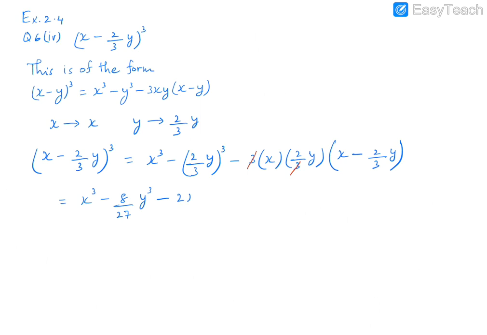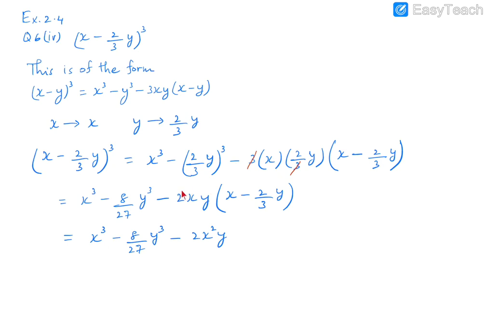So it's minus 2 times xy, and in the bracket we have x minus 2 by 3 times y. So now we can open up that bracket, and we will see we will get x cubed minus 8 by 27 y cubed minus 2x squared y.